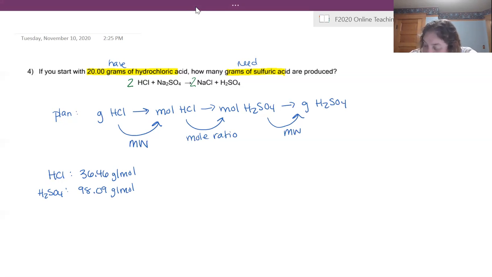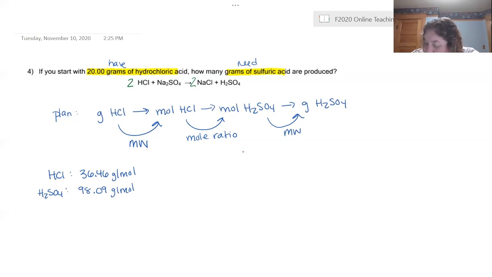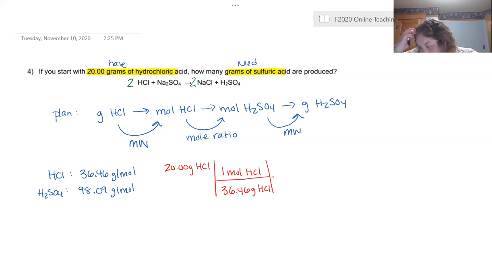Okay, so the first step in this process is I need to go from grams of HCl to moles of HCl. So I'm starting off with 20.00 grams of HCl. And then to convert that to moles, I'm going to use my molar mass. So 36.46 grams of HCl on the bottom, so that my units cancel out, is equal to 1 mole of HCl on the top.